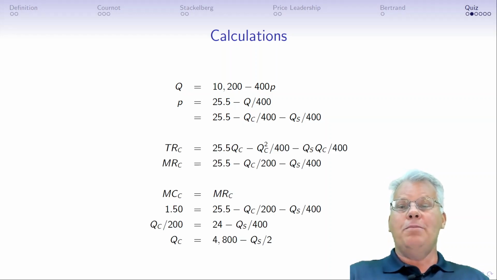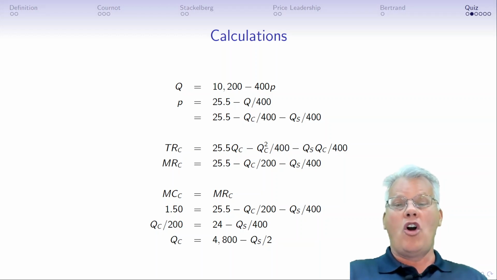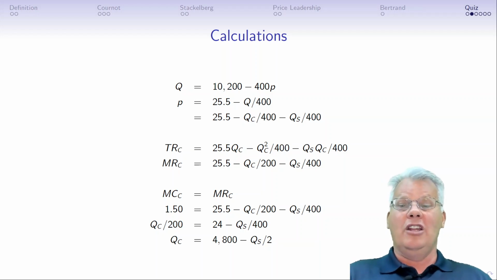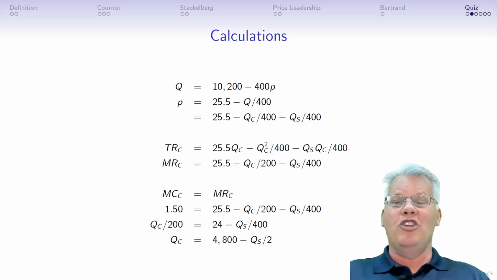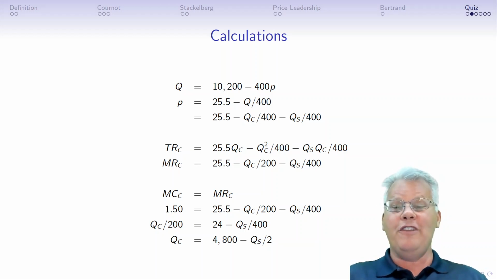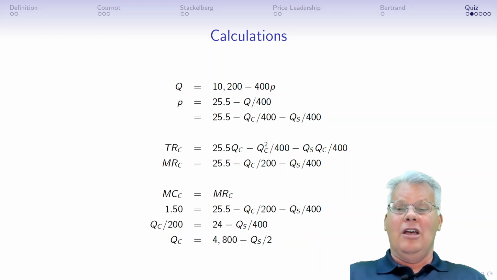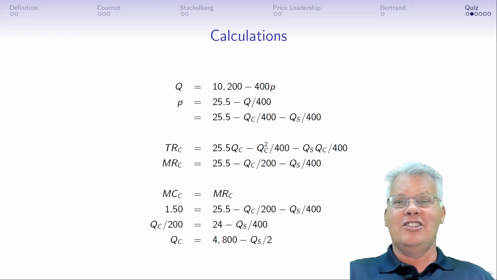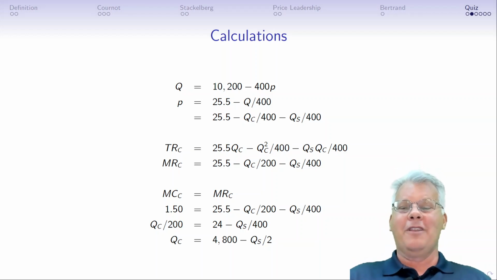Now, if I multiply that inverse demand function by the quantity Carl produces, I get Carl's total revenue. I can differentiate Carl's total revenue to get Carl's marginal revenue, and then I set that equal to marginal cost, which is $1.50, and setting Carl's marginal revenue equal to Carl's marginal cost defines Carl's output.